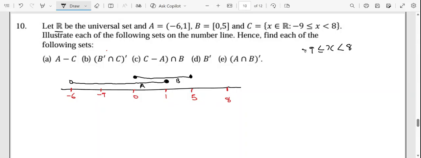All right. So here, looking at this, the condition is that we need to have members of X. They must be less than 8, so we find the numbers that are less than 8.